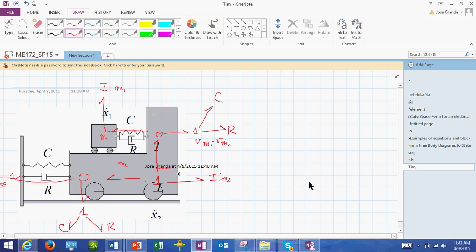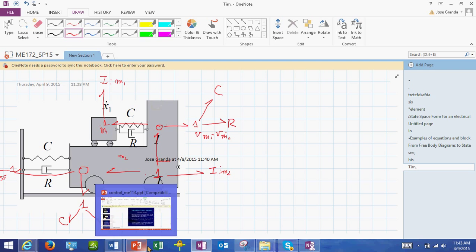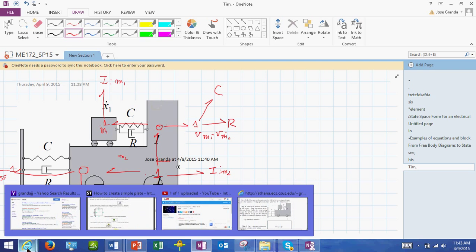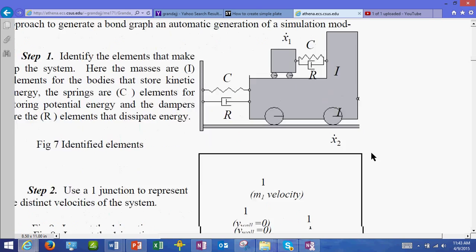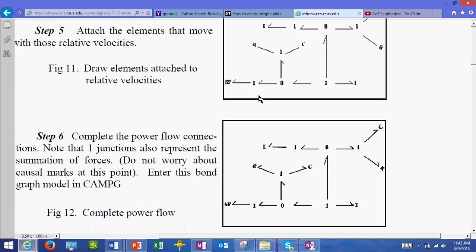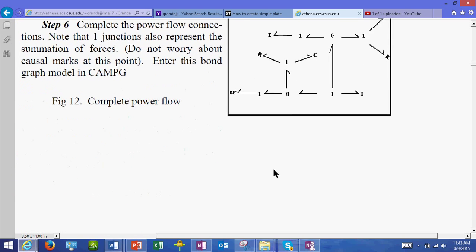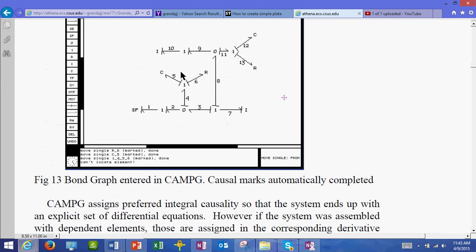So I think we could go back to where we were before, explaining the rest of it. As far as the mechanical system is concerned, we have applied those steps and we ended up with this bond graph. We implemented it into the CAMG software. This is how it would look.